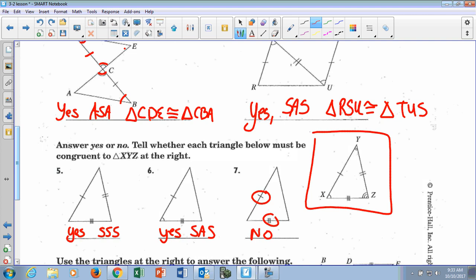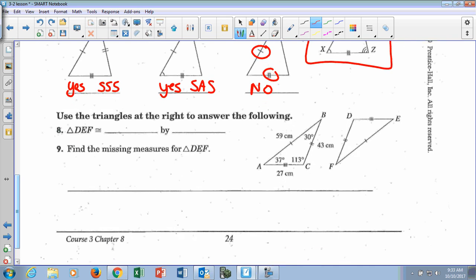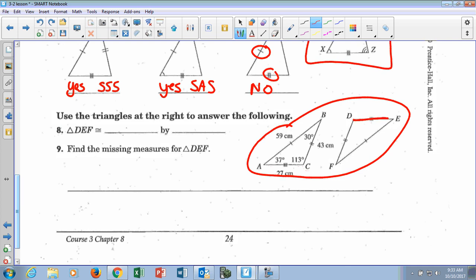All right. Last part of this before I turn you loose with your homework. So we're going to use the triangles at the right to answer the following. So here are the 2 triangles. Okay. So triangle DEF is congruent to what? We have to go the same order. So where they start?